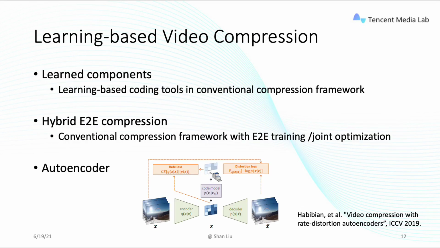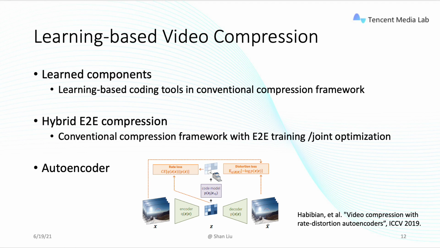Generally speaking, research works on learning-based video compression could also be classified into 3 kinds. In the first approach, neural networks are applied to some components, for example, intra-prediction, in-loop filtering, etc., in the conventional framework, and the training or optimization is done locally on some specific components.